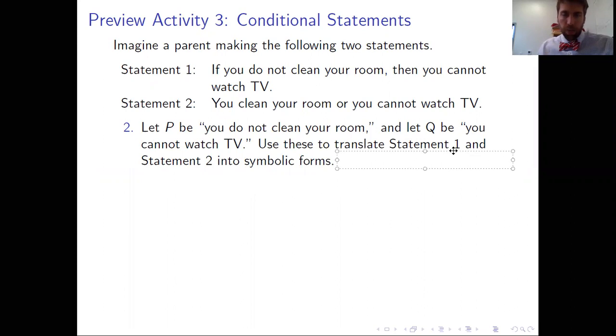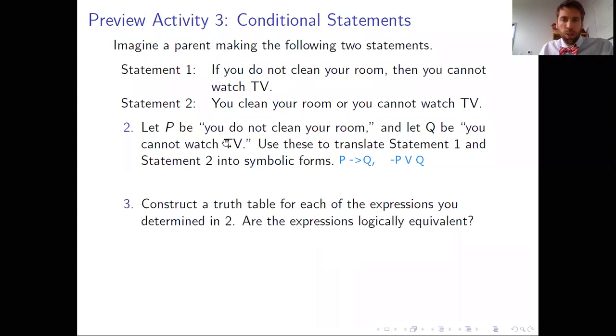Statement 1 is P implies Q. Statement 2 is not P or Q. Those are the 2 logical symbol ways of representing that. And then let's construct a truth table for each expression to determine whether the expressions are logically equivalent.